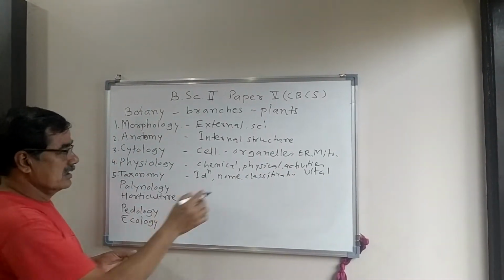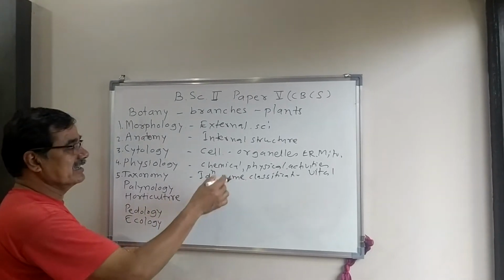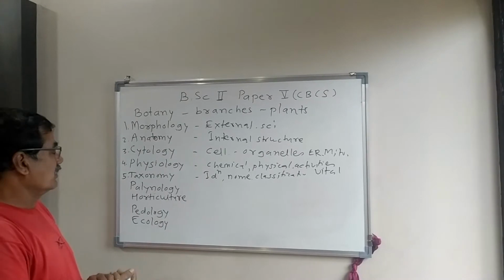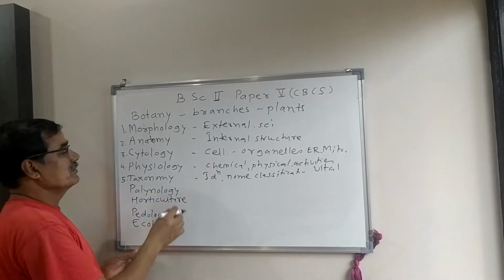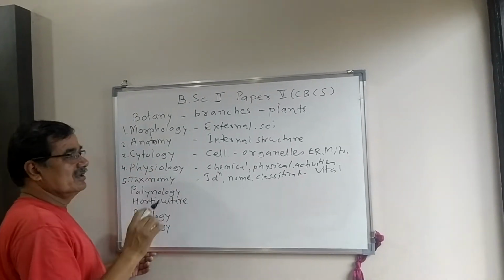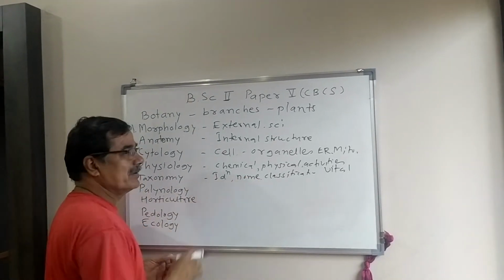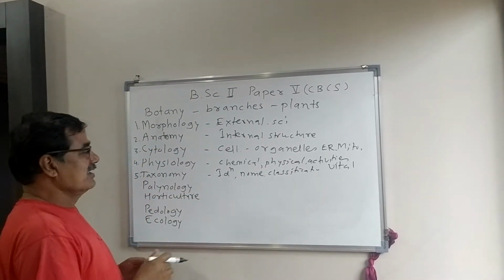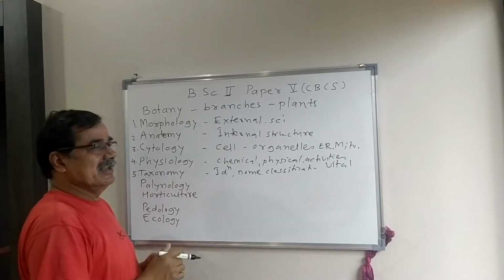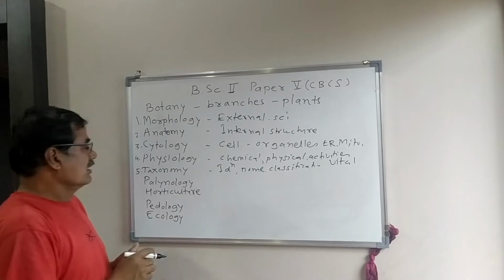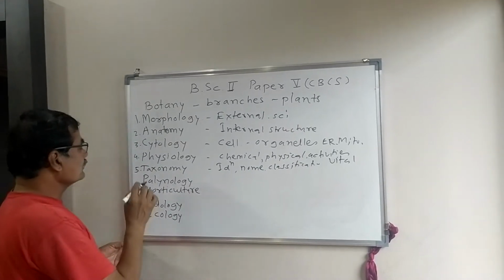Related families and related plants are kept together in the classification of the plant body. On the basis of taxonomy, we can identify and name the plant. Suppose there is a mango, the scientific name is Mangifera indica. On this basis, the characteristics are related to each other.